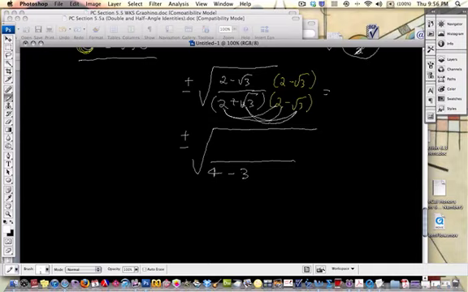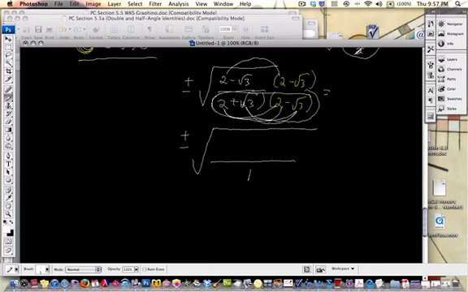That's just 4 minus 3, which is just 1. So that whole messiness down here became 1. That's why I multiplied by that conjugate. That kind of thing always happens, and that's a good thing.